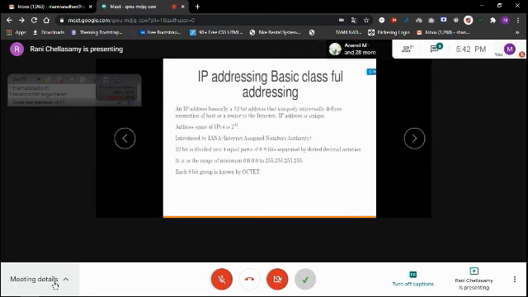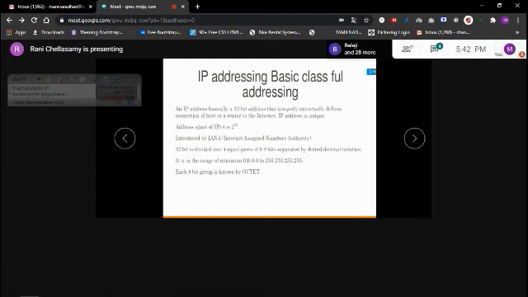This 32-bit address is divided into 4 equal parts of 8 bits, separated by dotted decimal notation. So each 8 bits will be separated by a dot.